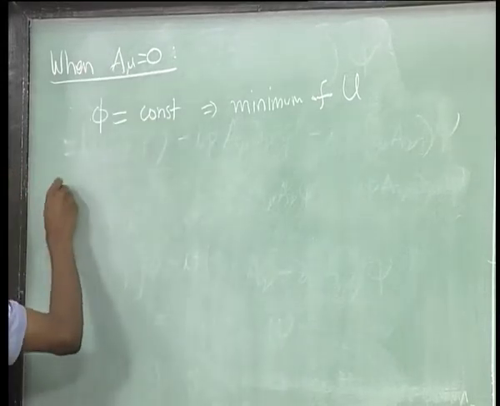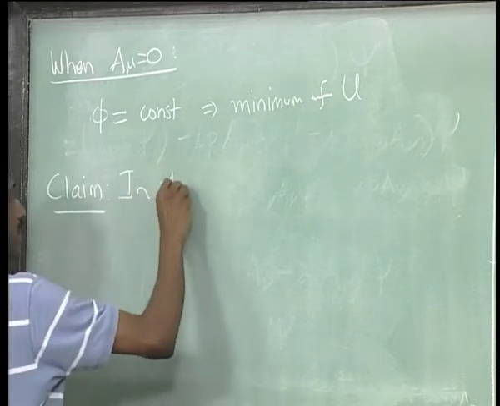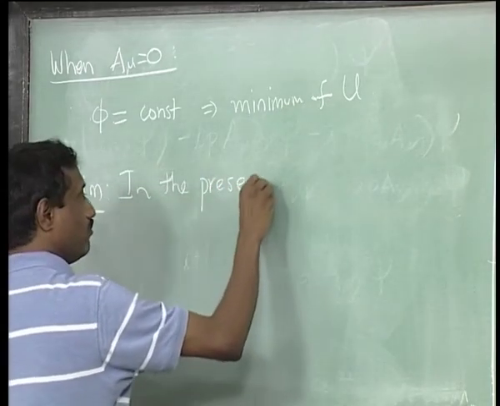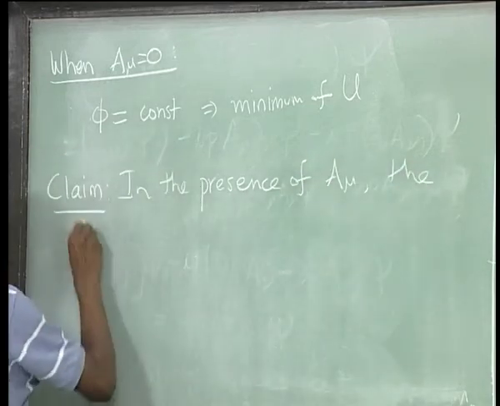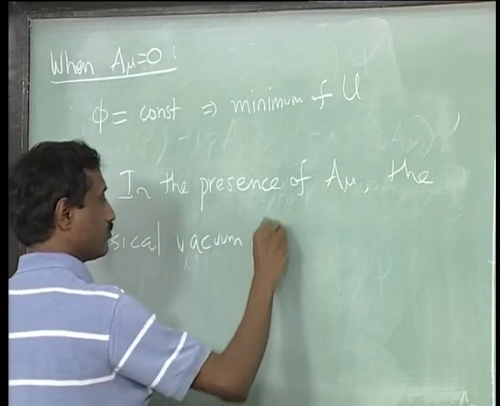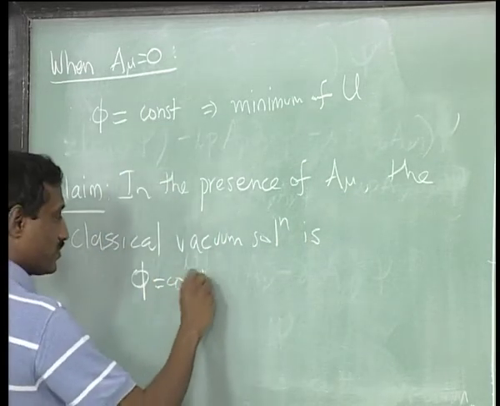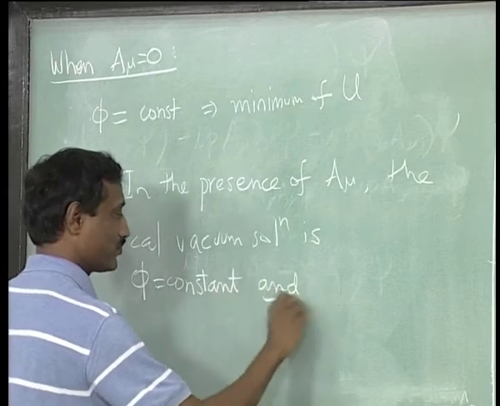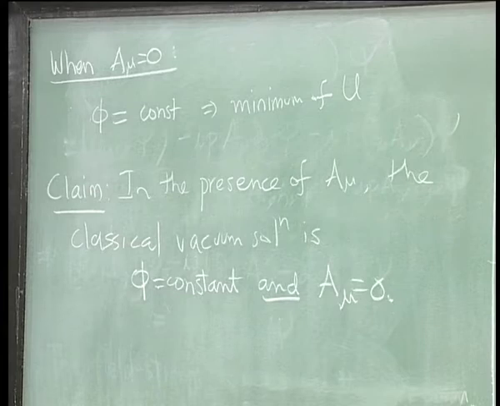Depending on this thing, so claim: in the presence of A, the classical vacuum solution phi equal to exactly this constant and mu equal to 0 still holds, because what is that doing?